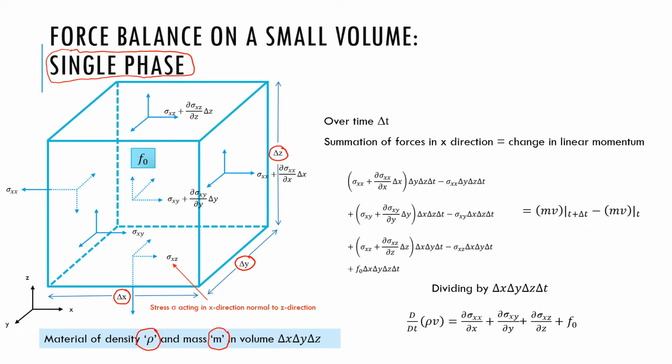Before we do that, we need to define things nicely. So sigma, let's say x, z, this is the convention we'll follow. The first letter is the direction of the force, and the second letter is the direction normal to the area on which the force is acting.